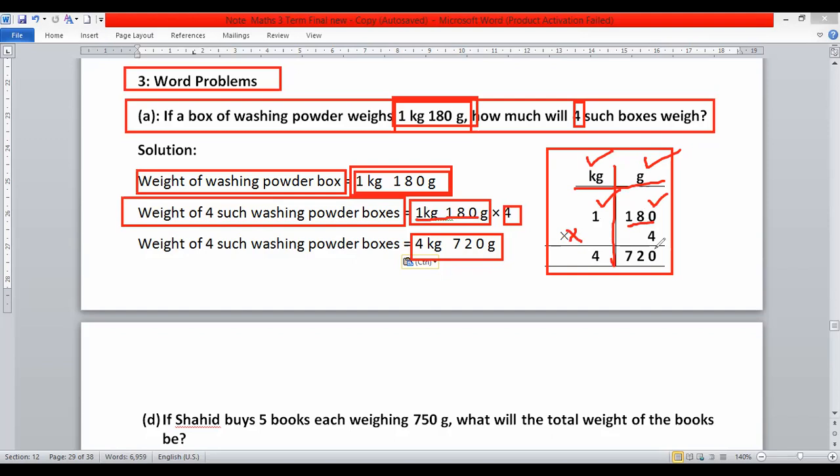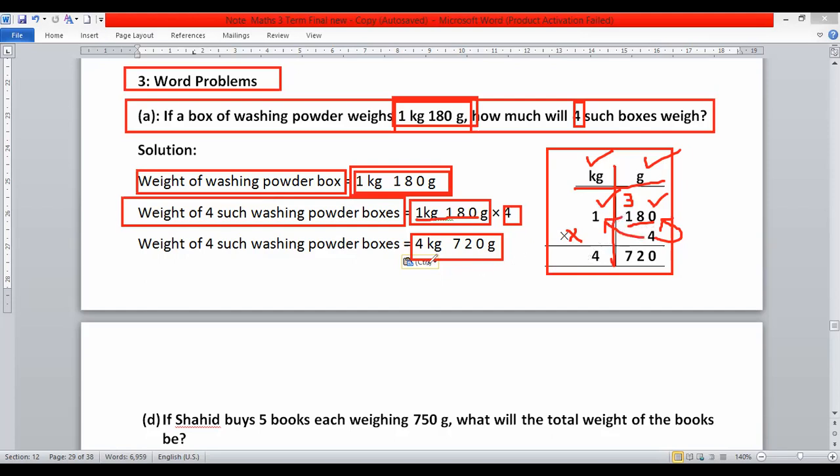Students, you know that multiplication of kilogram and gram is the same as we multiply normal numbers. So first of all, we multiply 4 by ones, then tens, then 100. 4 8s are 32, carry 3. 4 times 1, 4 plus 3, 7, and after that 4 multiplied by 1, 4.